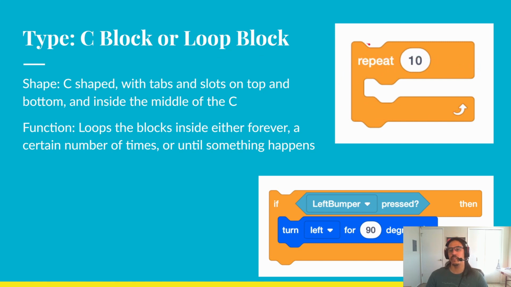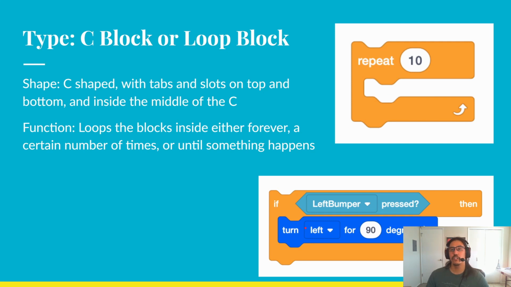These are interesting because they have a tab on the very top and a tab on the very bottom, but they also have a tab inside the C and a notch inside the C. So they're shaped that way because you can actually put stack blocks inside of them, and the loop block or the C block will make that stack repeat a certain number of times. So this first example here would make whatever stack blocks you put in here repeat 10 times. So if you want something to happen 10 times, this is what you would use.